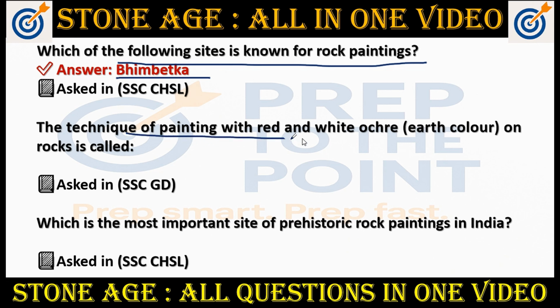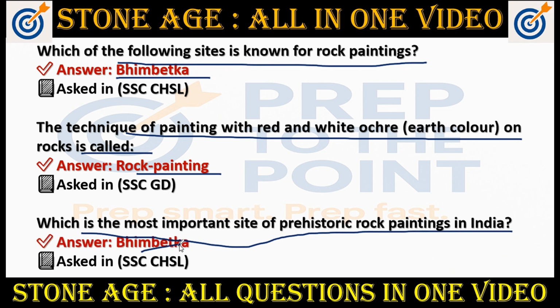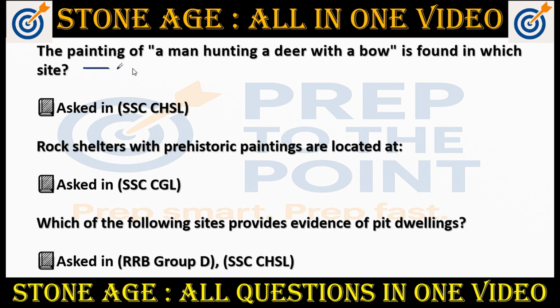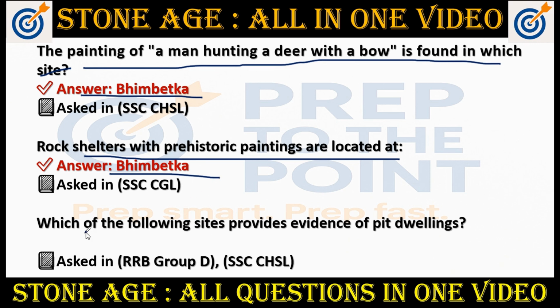The technique of painting with red and white ochre, which is earth color, on rocks is called rock painting. Which is the most important site of prehistoric rock painting in India? The site is Bhimbetka. The painting of a man hunting a deer with a bow is found in which site? In Bhimbetka site. Rock shelters with prehistoric painting are located at Bhimbetka site.